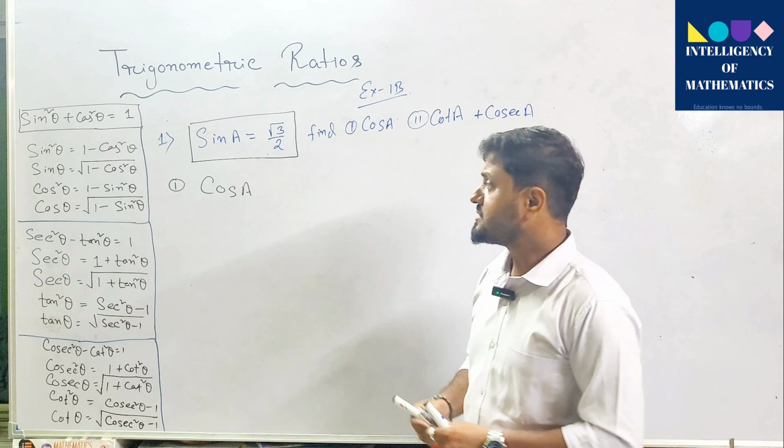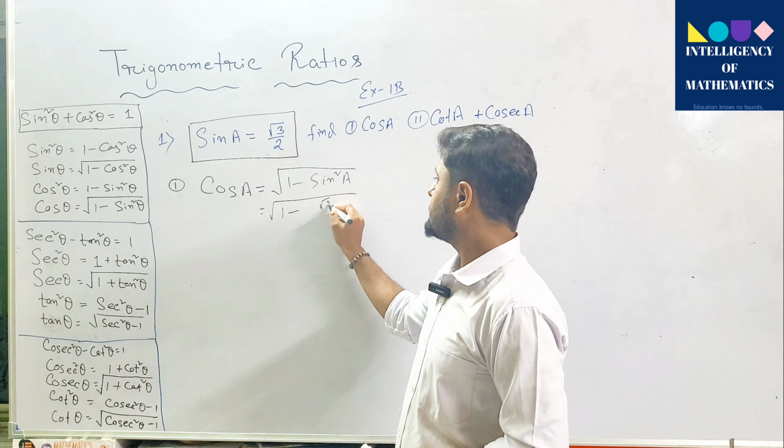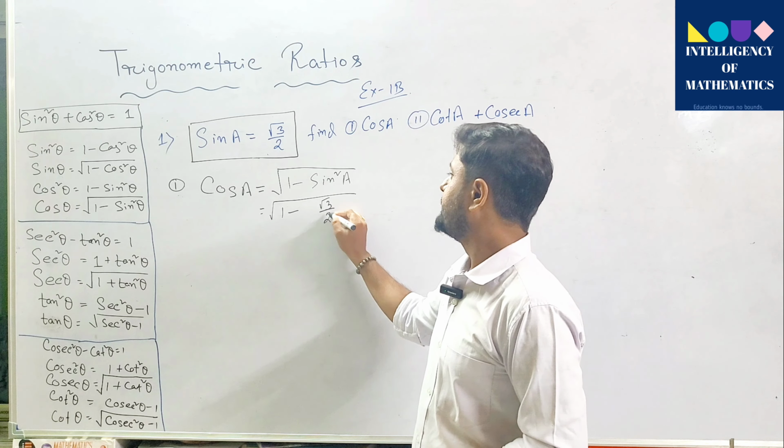By using that formula, cos A will be equal to root under 1 minus sine square A. Here theta is in the formula, but the angle given is A, so we use A. Now it is easy to calculate: 1 minus root 3 by 2, whole square.